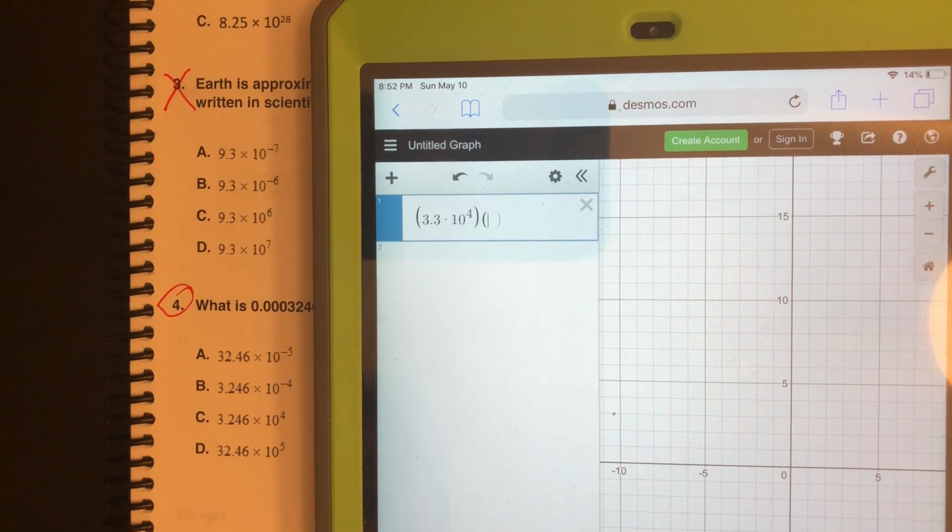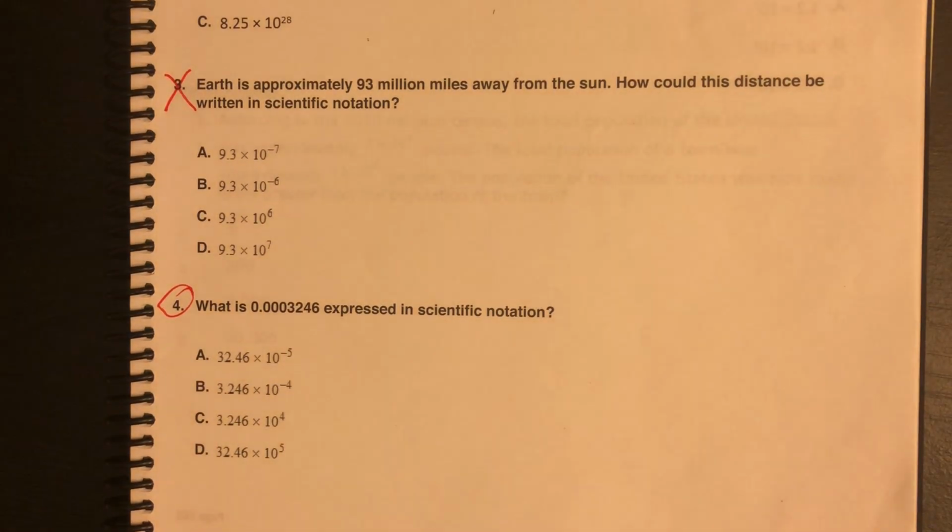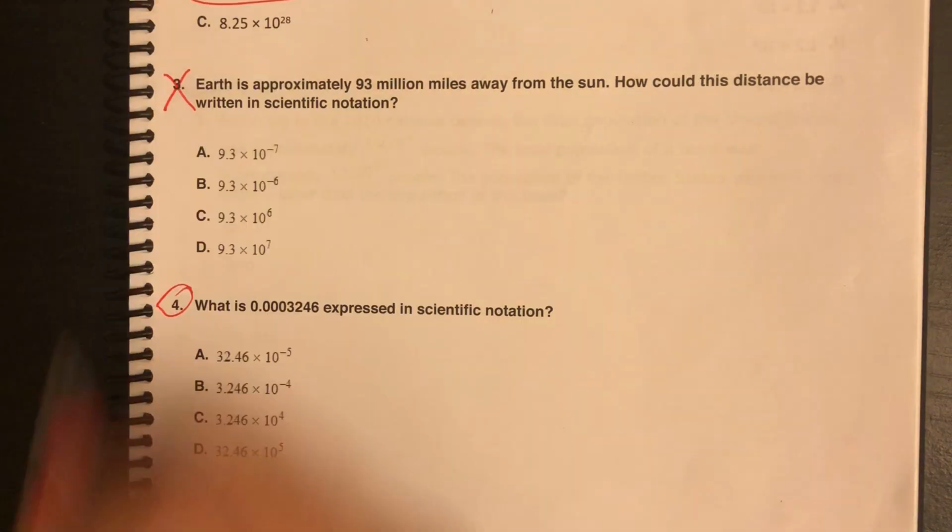Now type in another set of parentheses, and we have 2.5 times 10 to the power of 7, and then parentheses. And there you go. You get 8.25 times 10 to the power of 11, and that gives you answer choice B.